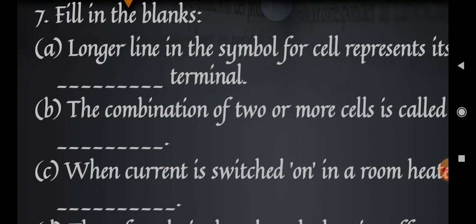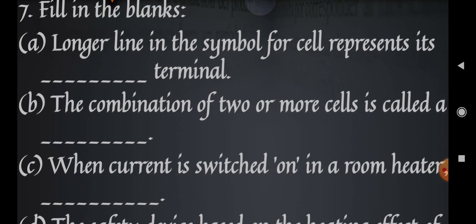Now the second filling the blank: the combination of 2 or more cells is called a dash. Your countdown starts: 5, 4, 3, 2, 1, and time's up.